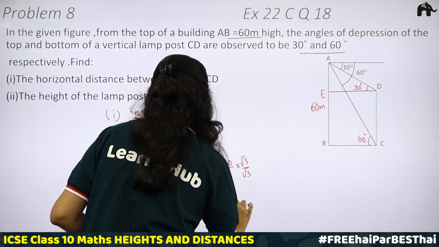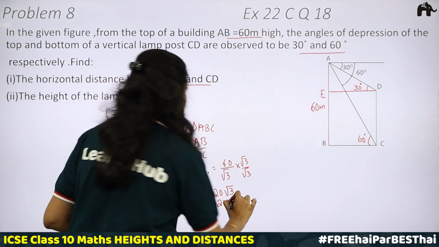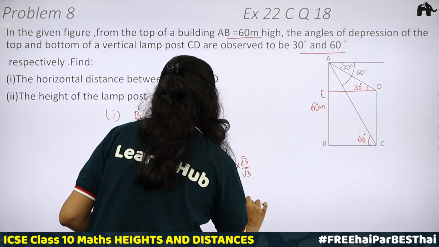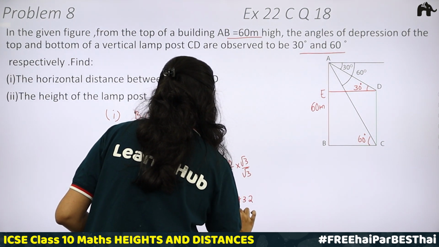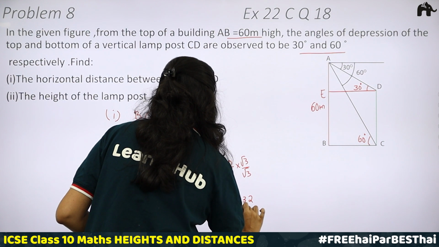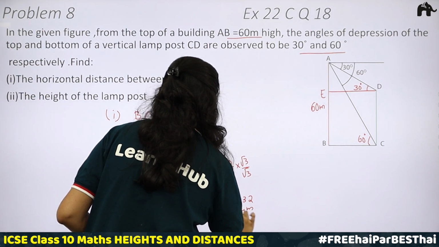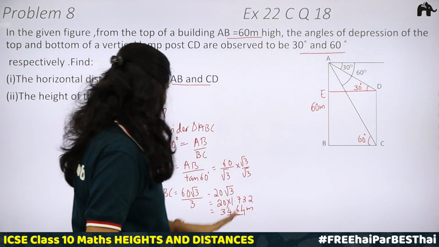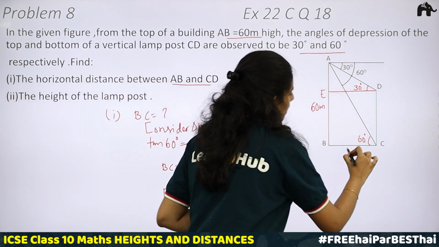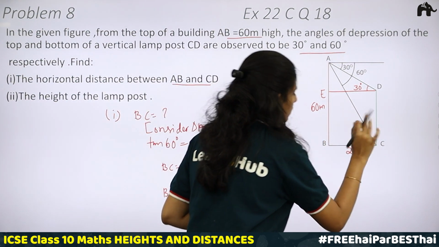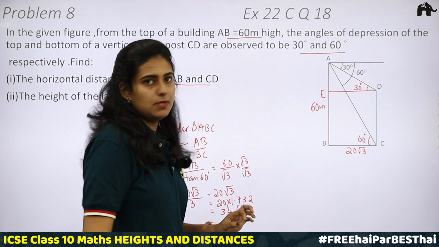That is 20 into, what is the value of root 3? 1.732. You will be getting 34.64 meters. Okay, 34.64 meters is BC, this part. Or we can just write it as 20 root 3. The calculation will be easier. 20 root 3 is BC.